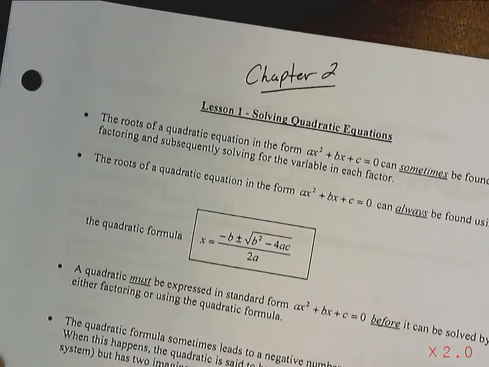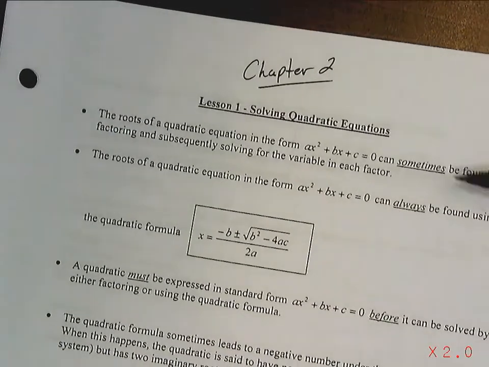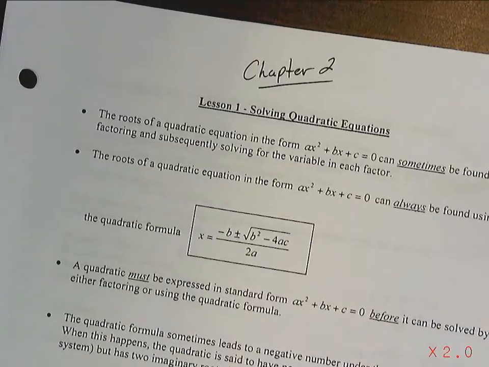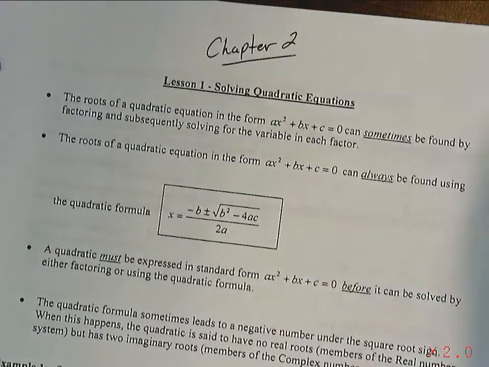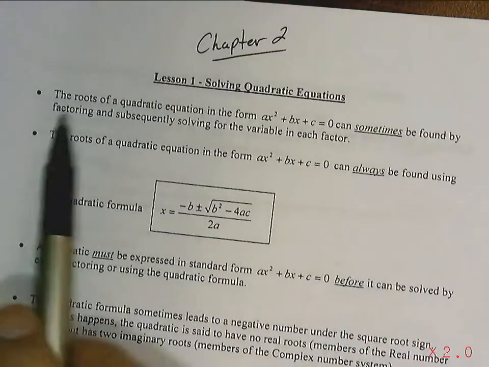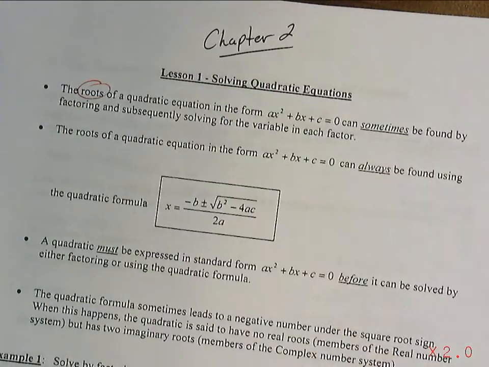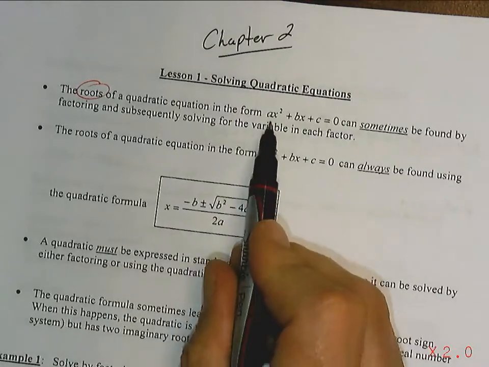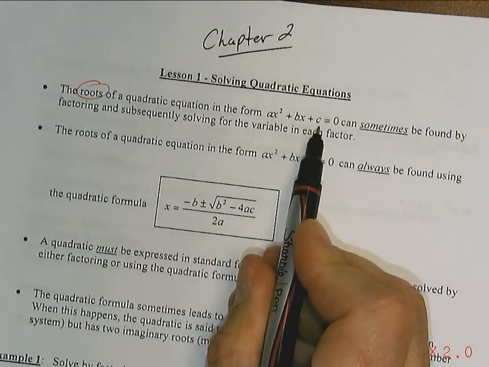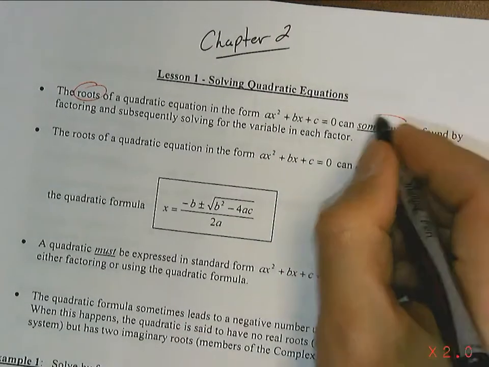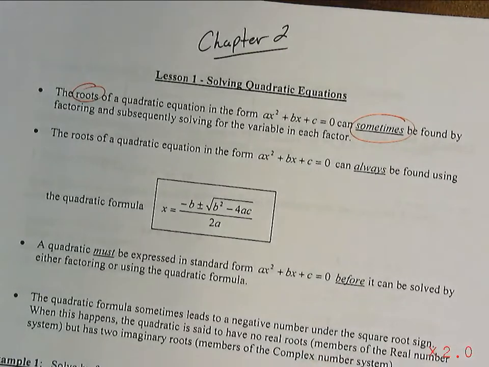Okay, so I wrote this, therefore it must be important, therefore we might as well read it. The roots, now that's a word that you need to know, the roots of a quadratic equation in the form ax squared plus bx plus c equals 0 can sometimes be found by factoring and solving for each of the variables in the factor.